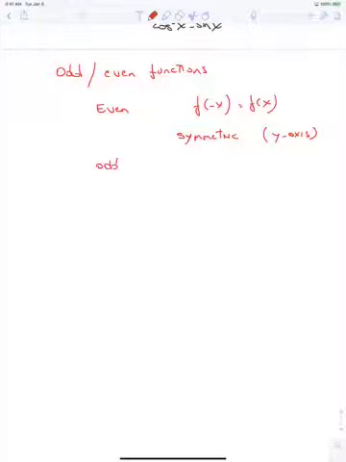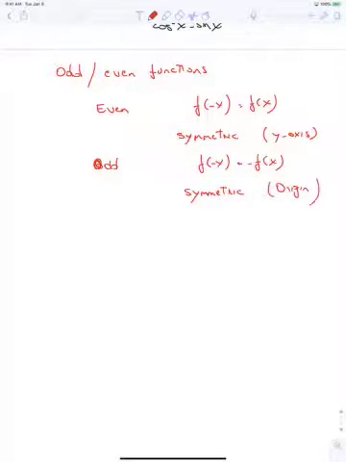And then an odd function means that f of minus x is equal to minus f of x, which is symmetric with respect to the origin of the axis.